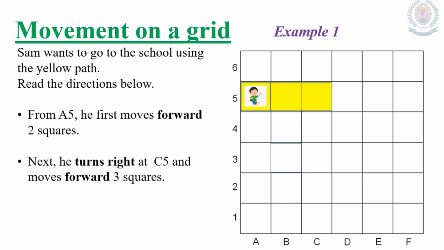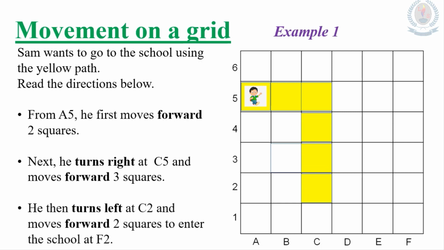Next, he turns right at C5 and moves forward 3 squares. Now he is at C2. He then turns left at C2 and moves forward 2 squares to enter the school at F2.